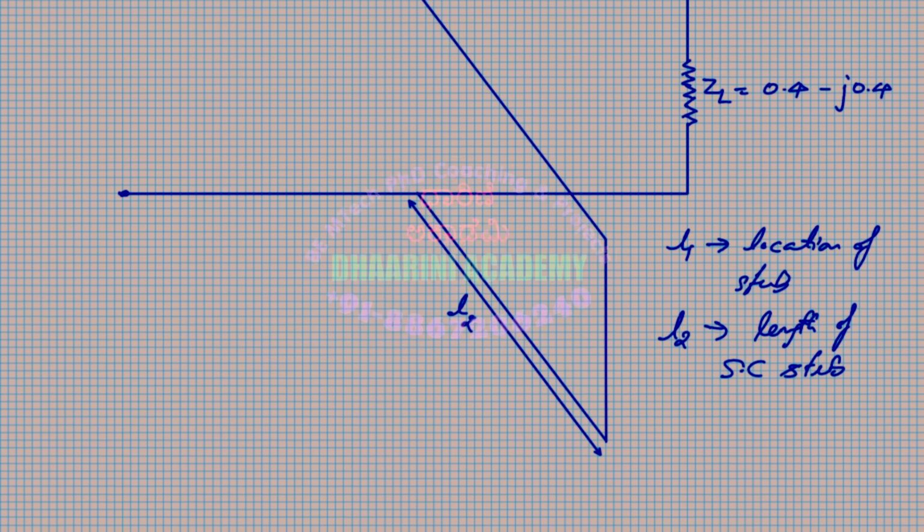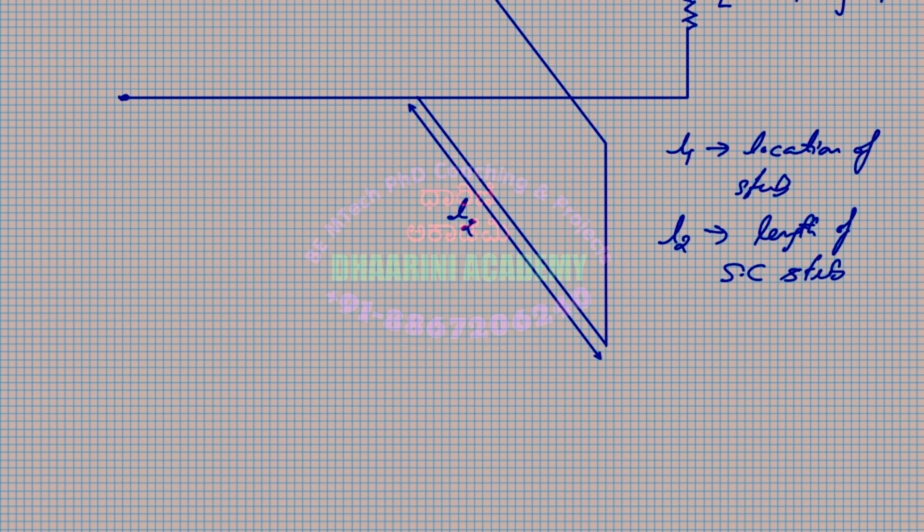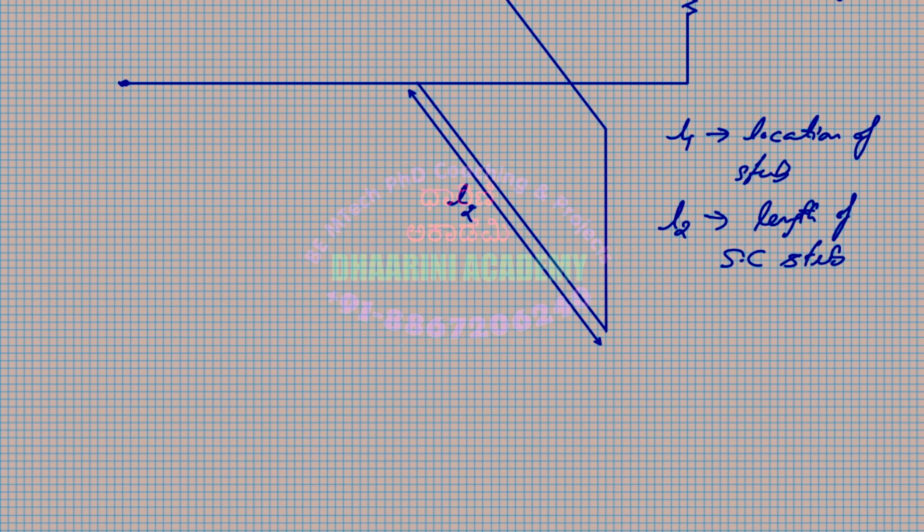These are the two things I'm supposed to find. That's what they have asked, to design the single stub. Are you okay? So recall the derivation we did. We are going to follow the same procedure now. Anyway, let me bring up the Smith chart first, and then we'll proceed.